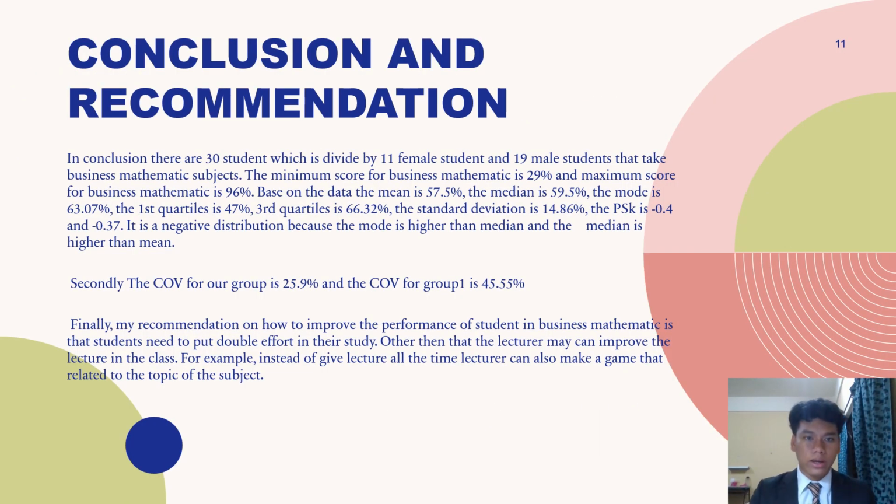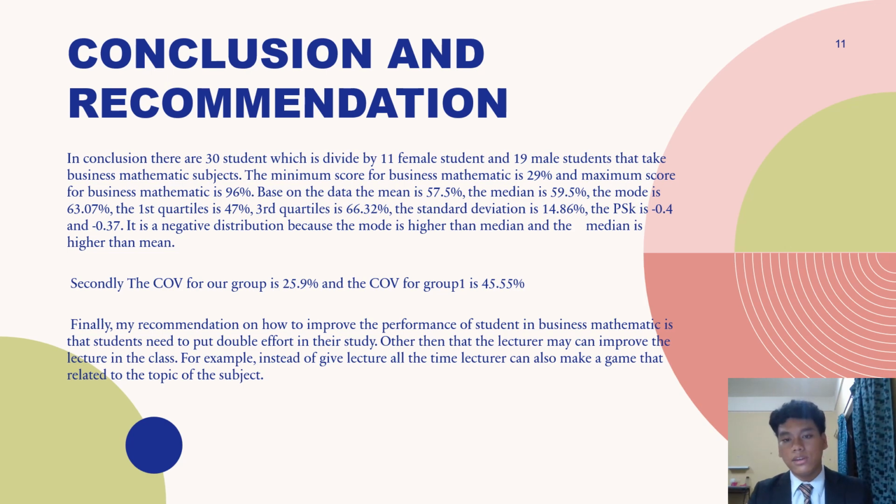Before I end my presentation, I would like to give my conclusion and recommendation. In the conclusion, in the 30 students, we have 11 female and 19 male students. The minimum score for the business mathematics subject is 29%, and the maximum score is 96%. Based on the data, the mean is 57.5%, the median is 59.5%, the mode is 63.07%, the first quartile is 47%, and the third quartile is 66.32%.